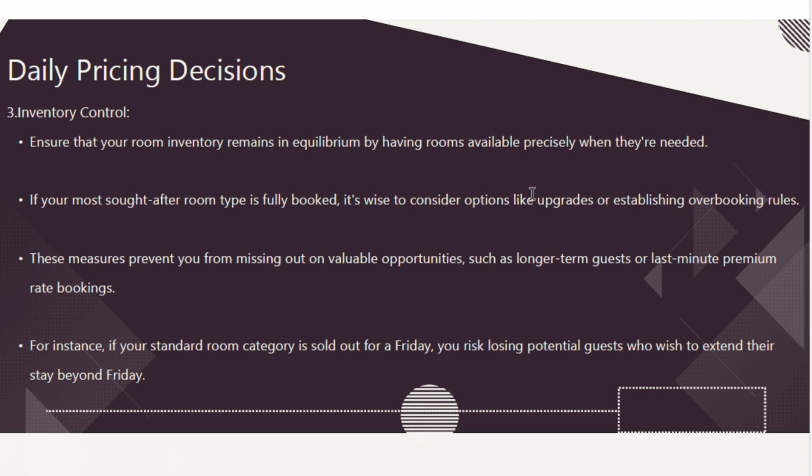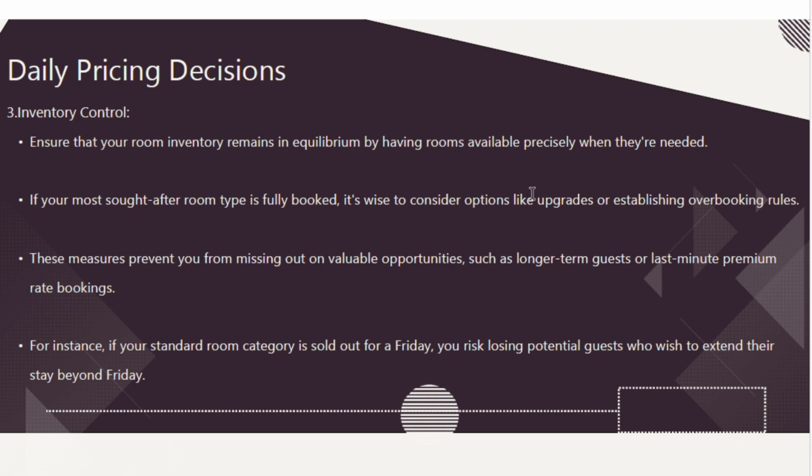Because based on the trends or the booking pace, if you think that you are not getting the bookings for the higher room categories, then you can keep the lowest room type open, keep receiving the overbooking, and then upgrade those guests to the next room category. But this is not advisable, obviously, in the peak season, when anyways you are getting the business.